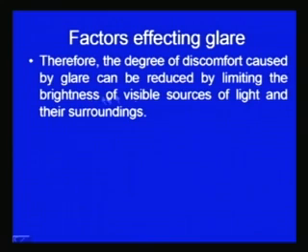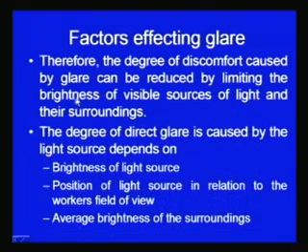So, if this brightness is controlled, then the discomfort caused by glare can be reduced. The degree of discomfort can be reduced by limiting the brightness of the visible source of light and its surroundings.